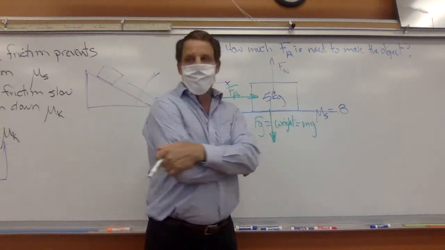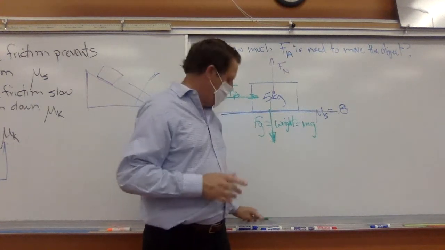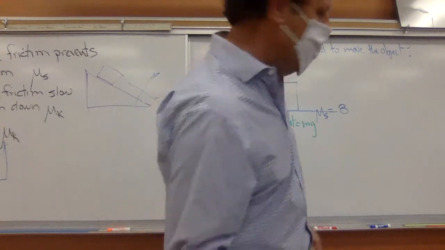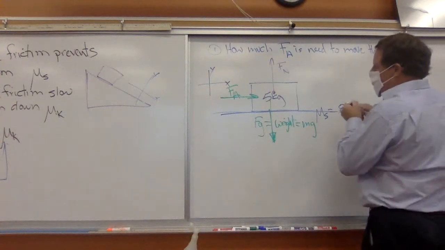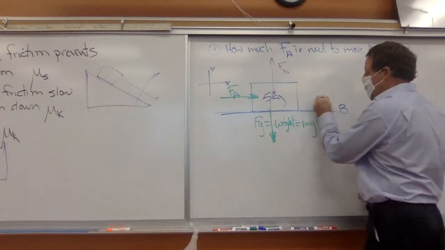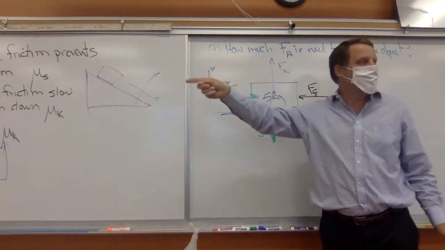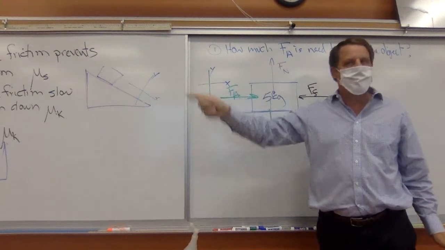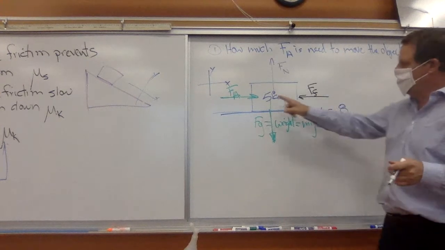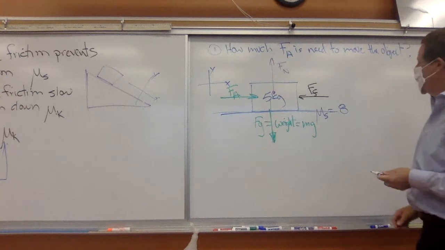All right, and then the last thing that we have here is friction. Everything that touches it plus gravity plus friction. And if we're pushing from left to right, then the friction is going to be potentially going this way. All right. Now, I kind of purposely put these two in the wrong spot.